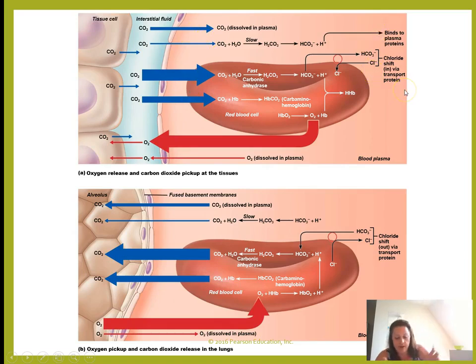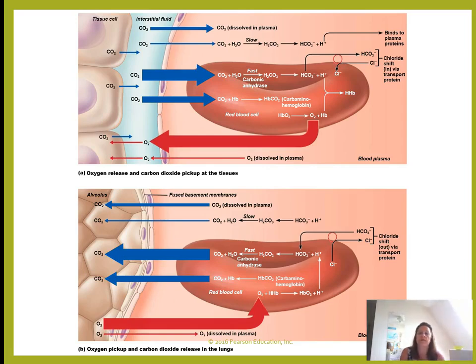So we have the carbon dioxide moving in, right, at the tissues. Here we have carbon dioxide release at the lungs, basically reverse. All of these images are just showing you how the oxygen and carbon dioxide move and why. So the first one was depending on the partial pressures, depending on basically the concentration of each in the blood. These images are showing you how exactly they are carried.